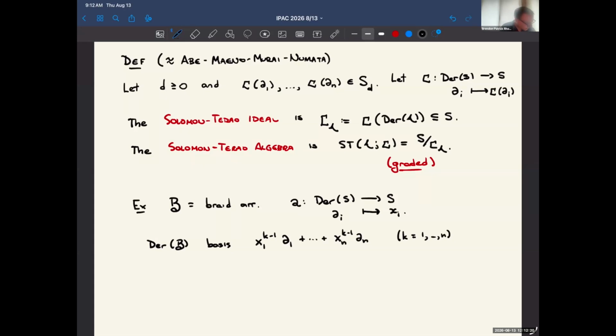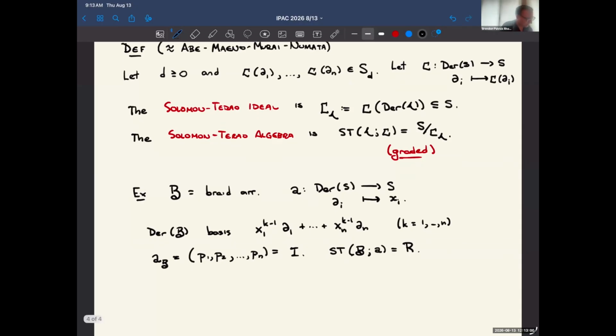And if I want to think about what the Solomon-Terao ideal is, I just apply c to everything in this basis, and I look at the ideal that gets generated, and what you see is that you get the n power sums, or the coinvariant ideal. So we've rediscovered the coinvariant ideal, and therefore the Solomon-Terao algebra of the braid arrangement with respect to this choice of homomorphism is the coinvariant ring, which we've been denoting R. So we get the coinvariant ring. That's good news.